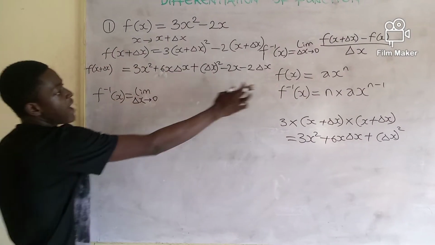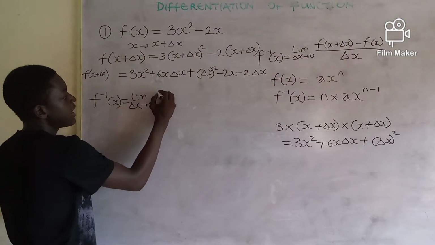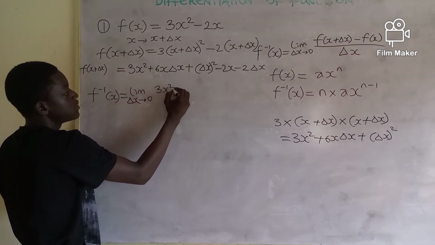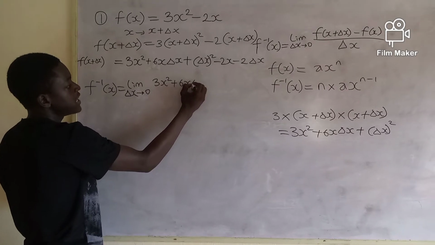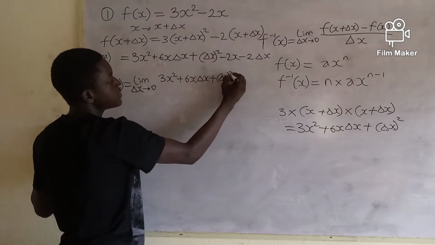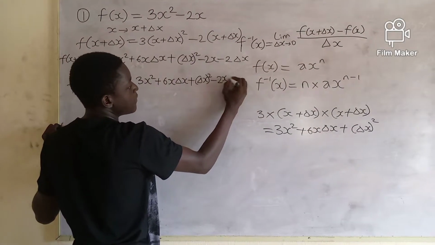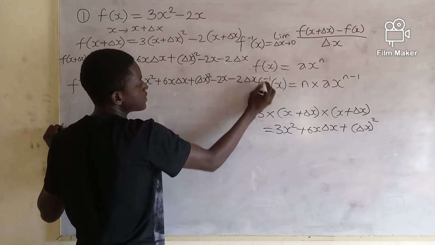Then we have our f(x plus dx) to be this. We will now have 3x squared plus 6x dx plus dx squared minus 2x minus 2 dx.